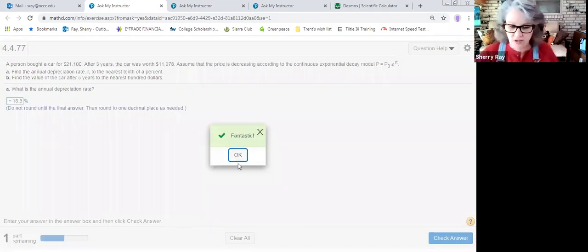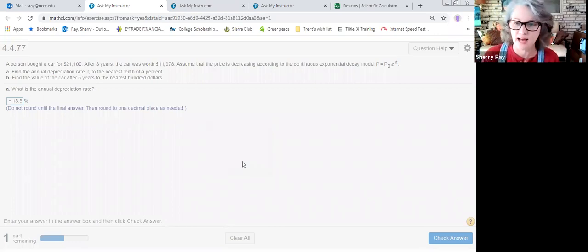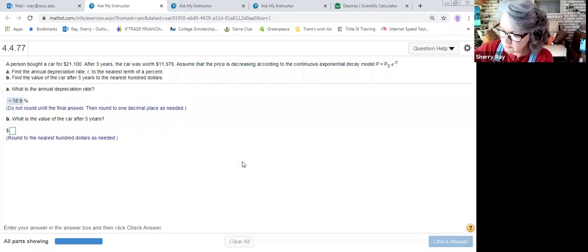Now, the second part of the problem says, what is the value of the vehicle after 5 years? So now I'm going to take my formula and plug in 0.189.